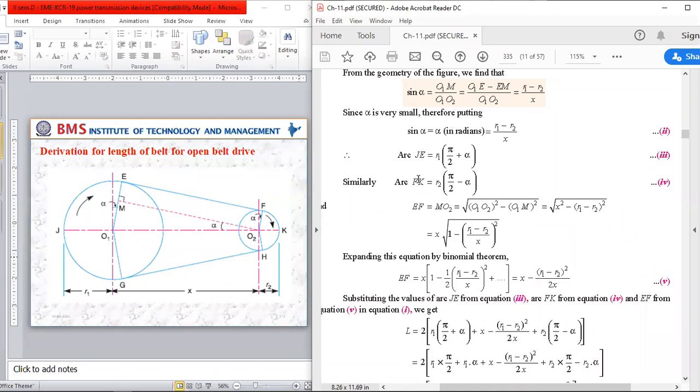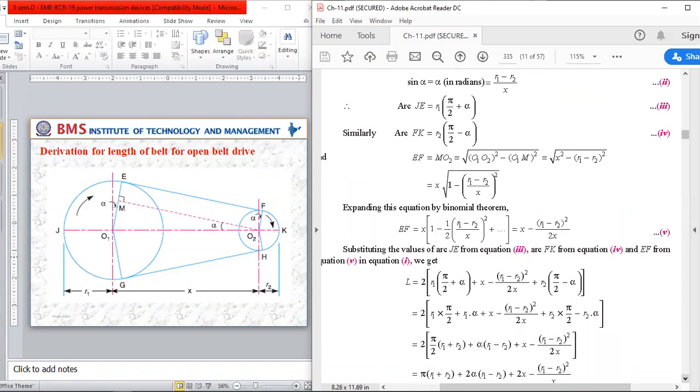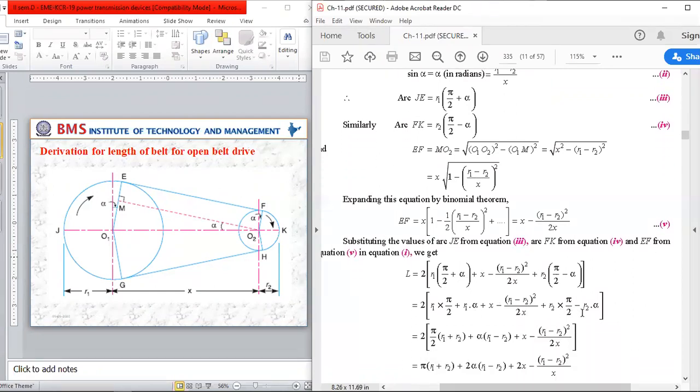So after substitution, we multiply all this out: R1 π/2 plus R1 α plus x minus, by expanding all these terms. You can take π/2 as common in terms of R1 plus R2, then alpha common, plus α(R1 − R2) plus x, then (R1 − R2)² by 2x.